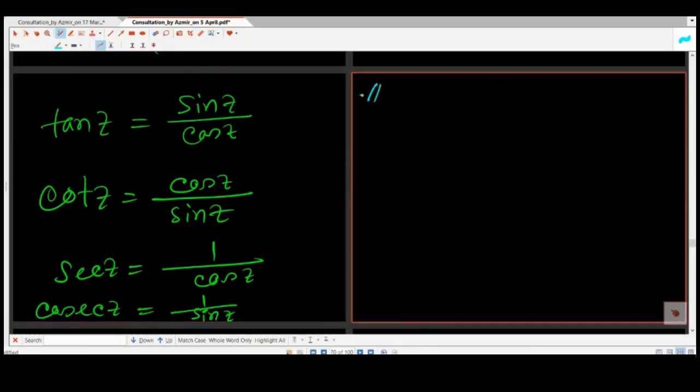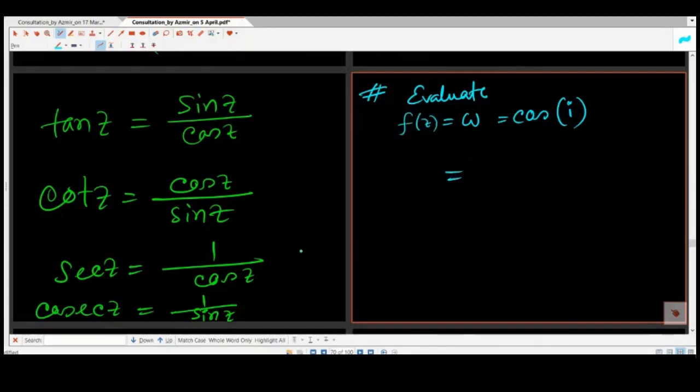So I have mentioned that complex trigonometric functions are single valued functions. So let's check. Suppose we need to evaluate cosine of i, which will be w equals f of z. So our target is to evaluate this.